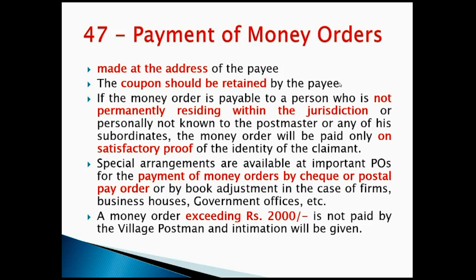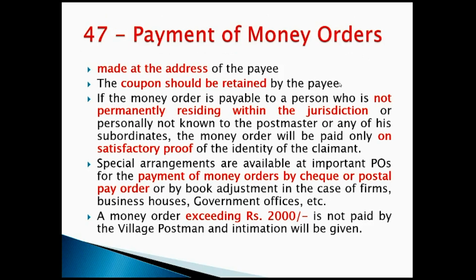Now only electronic money orders are in vogue, and there are no ordinary money orders being used. Whenever a money order has been received at the delivery post office, the money will be delivered at the address of the payee. For articles, we term them sender and addressee, and in case of money orders, they are remitter and payee. The one who sends the amount is the remitter, and the one who receives the amount is the payee.